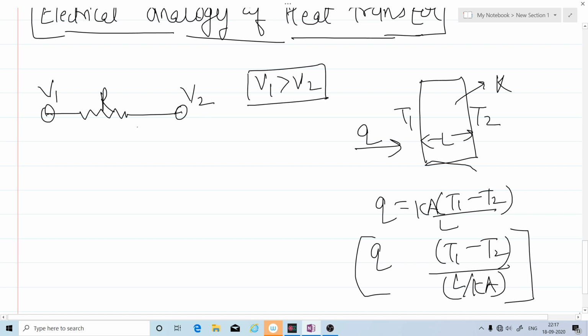Because of this difference, some current will flow. From our basic understanding of class 10th physics, we can say that current is nothing but the rate of flow of charge.